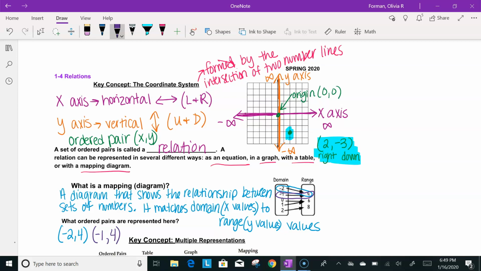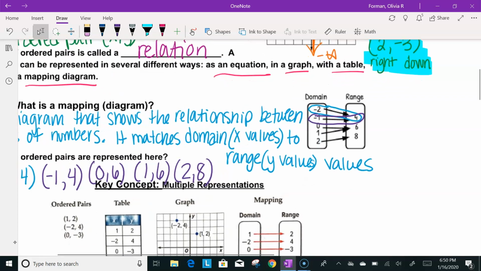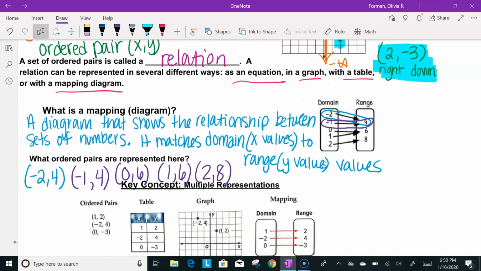If we keep that up, go to the next one, 0 goes to 6, so 0, 6, and then 1 goes to 6, so we have 1, 6, and then 2 goes to 8, so we have the ordered pair 2, 8.